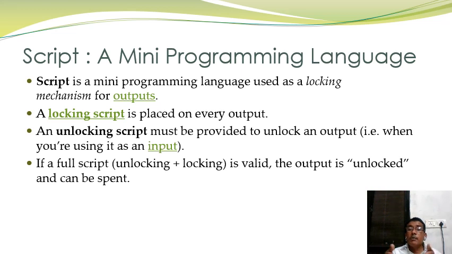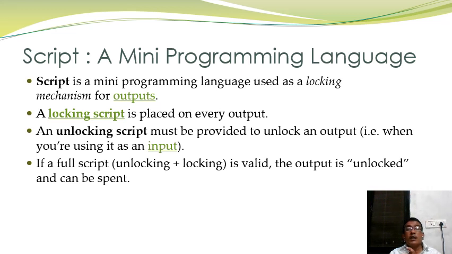If we need 10 bitcoins, and 10 bitcoins are not available in a single output, then we need to combine the outputs in such a way that we get the 10 bitcoins, and from that combined output we can send the 10 bitcoins to some other address. In the previous session we had a detailed discussion about this.